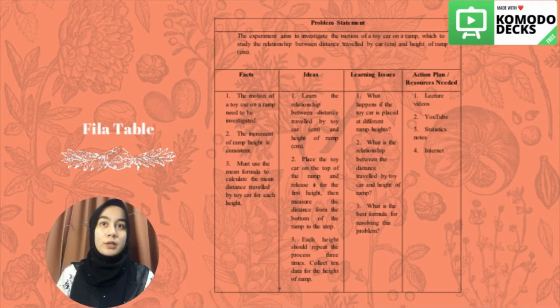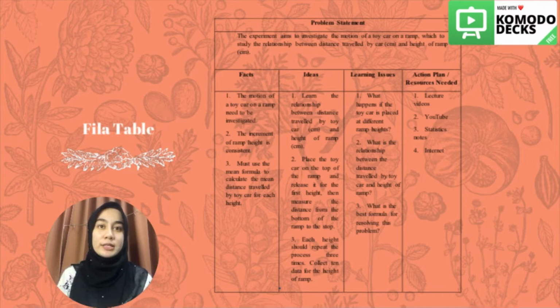So we move to the next, the ideas. First, learn the relationship between distance traveled by toy car and the height of the ramp. Number 2, place the toy car on the top of the ramp and release it for the first height.